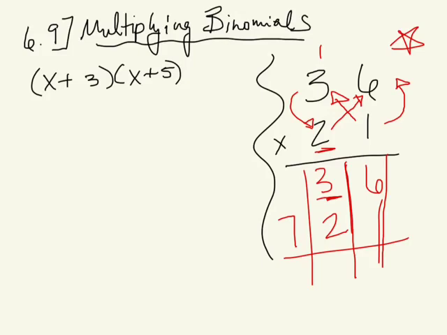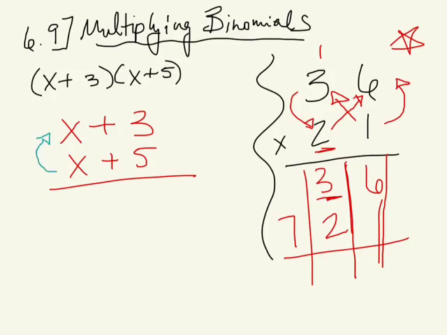When we're multiplying two binomials, and you have this, x plus 3 times x plus 5, you actually start from this side. You multiply x times x first and get x squared. Then you multiply x times a positive 3 and get a positive 3x.